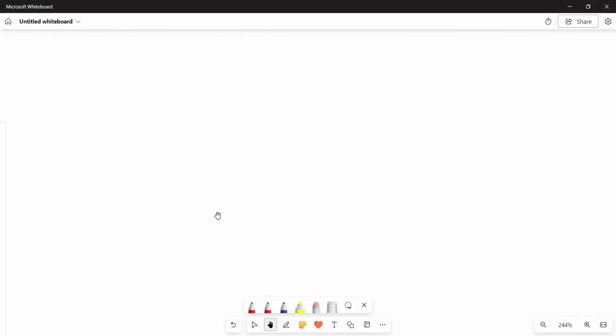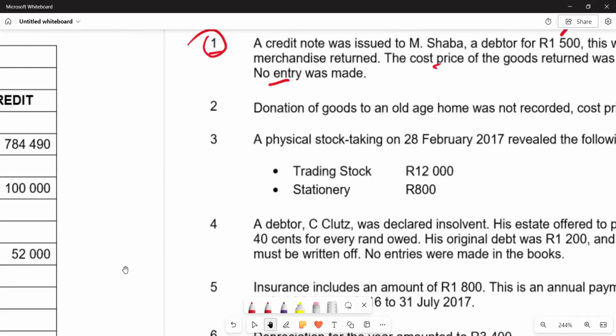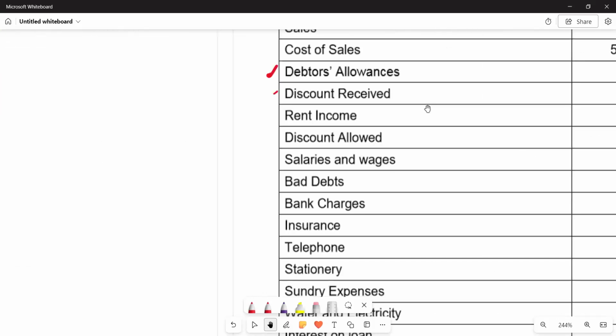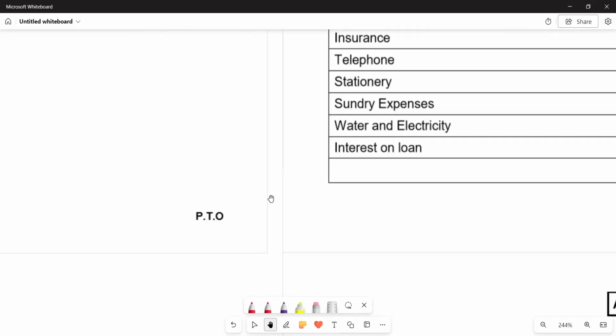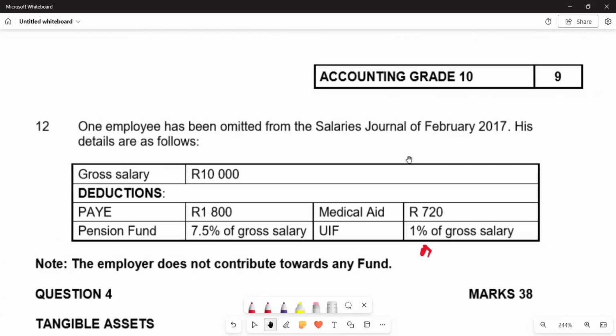If we have got anything that is again mentioning salaries, go to the last page of the information of the question. Right. If you go to information number 12, it's saying one employee has been omitted from the salaries journal of February 2017.